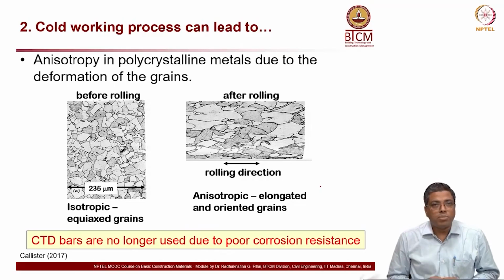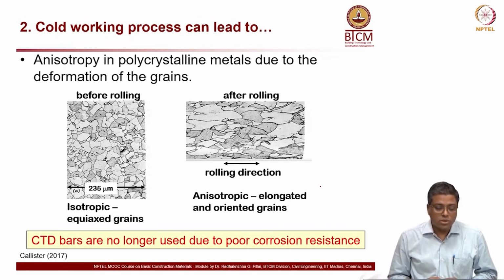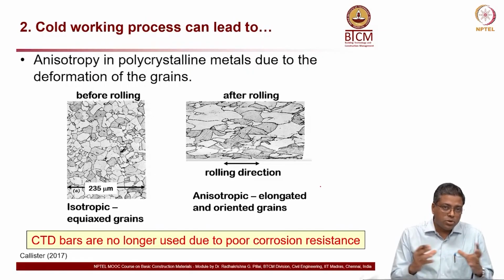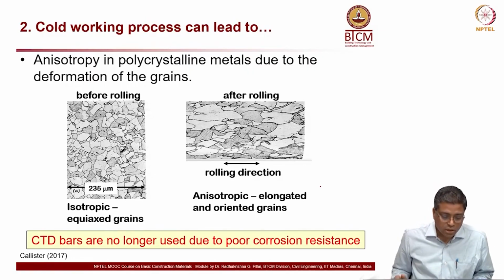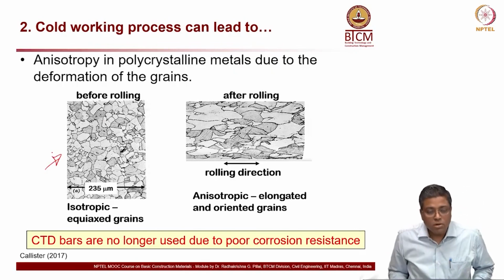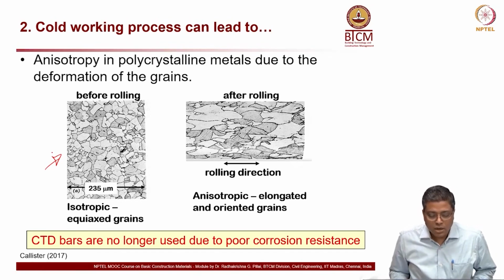The cold working process can lead to anisotropy in polycrystalline metals due to the deformation of the grains. What is happening while you do this cold twisting is that the microstructure changes; you can see the grain structure. We studied all this grain formation thoroughly in polycrystalline metals.